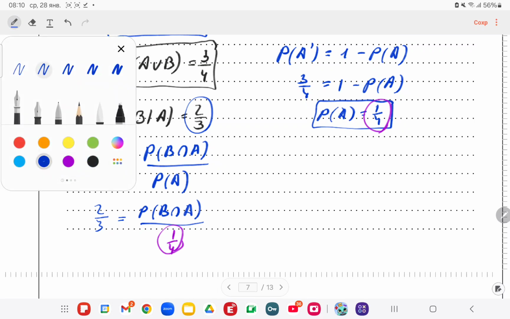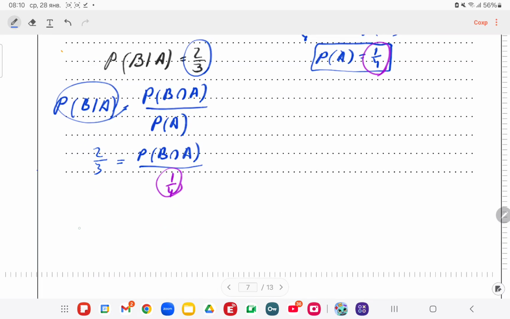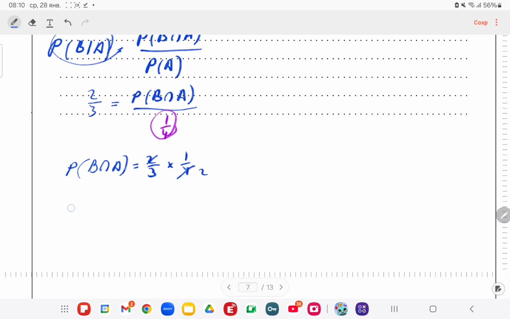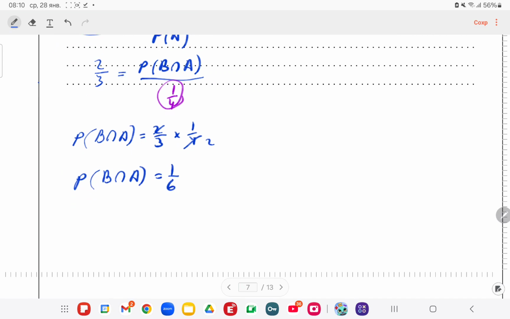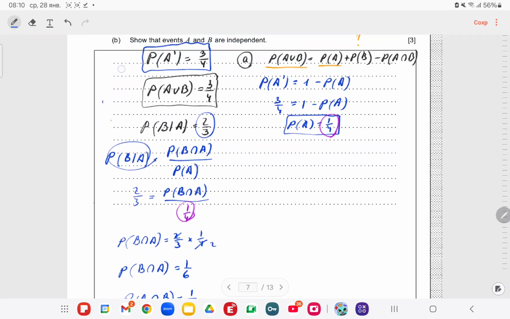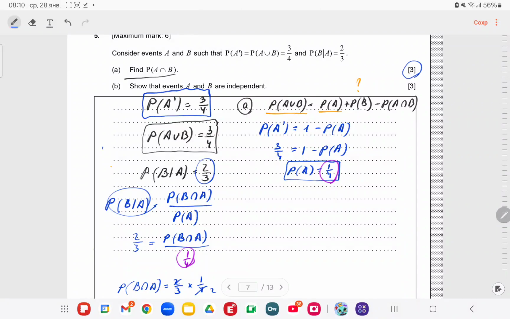Now we can find the probability of the intersection. So it is equal to 2/3 times 1/4, which is 1/6. The probability of B intersection A is 1/6, and it is equal to A intersection B. It doesn't matter, it works as a multiplication. So B and A, or A and B, is the same thing. So it is 1/6. This solution takes 3 marks in total.